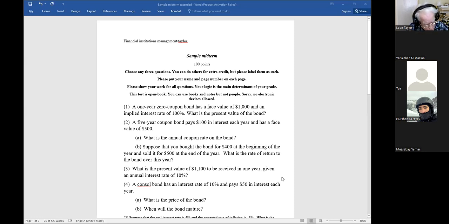So in this case, the initial price is 400. And then after 1 year, the price increases to 500.